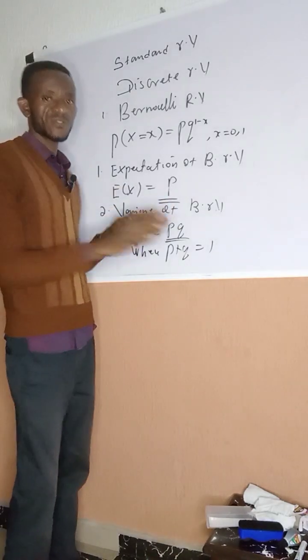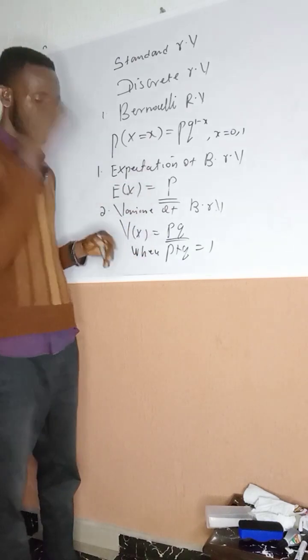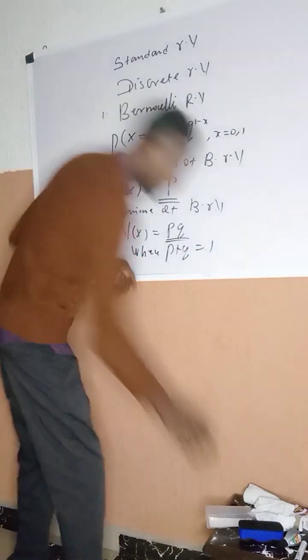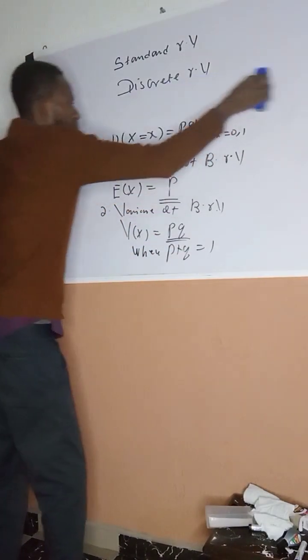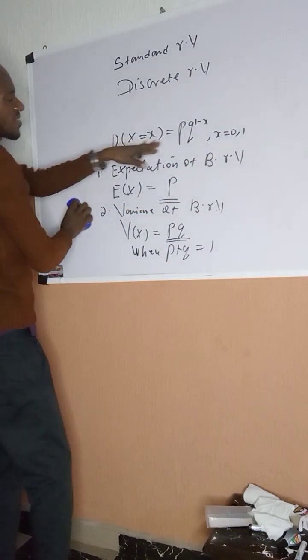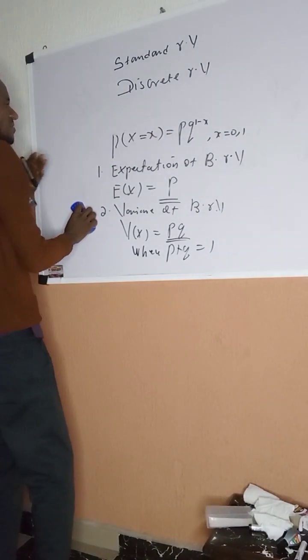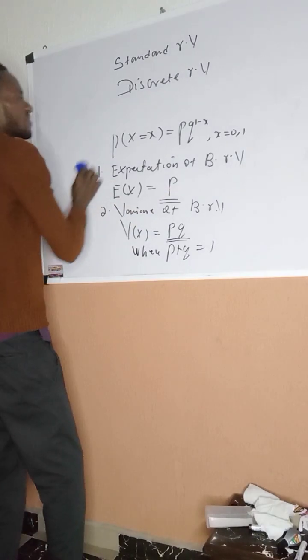But for now, this is what I want you to know about Bernoulli random variable. So permit me to clean here. Do remember, the PMF is given as this, probability mass function, expected value this, variance that.